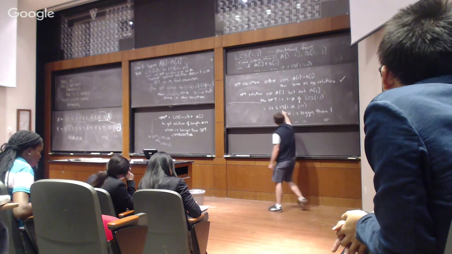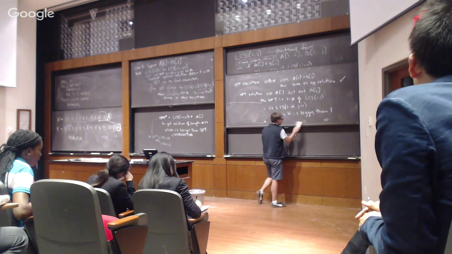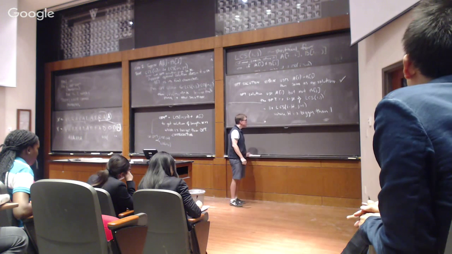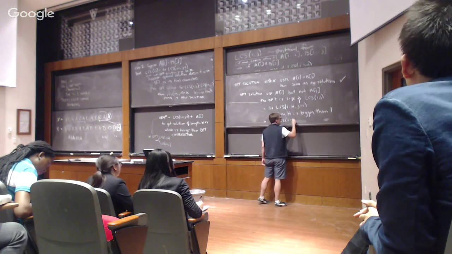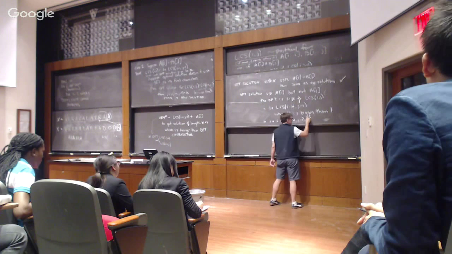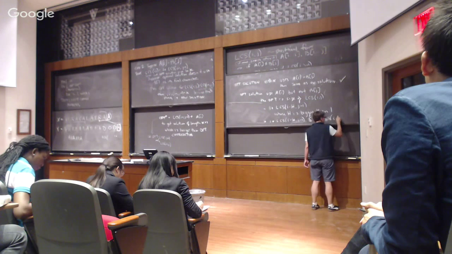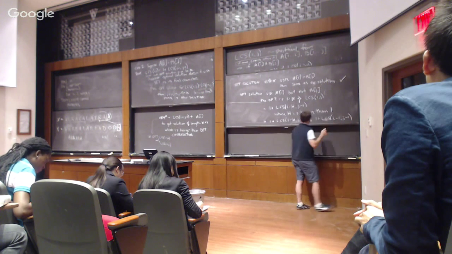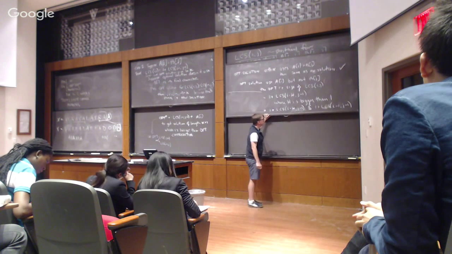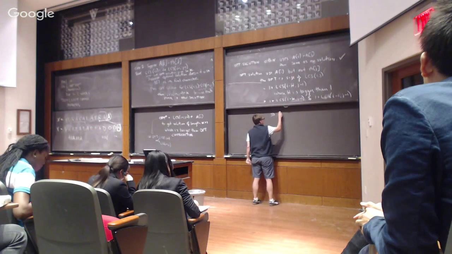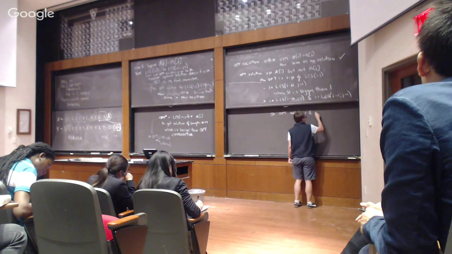And because the longest common substrings are operating on prefixes, if I have a shorter prefix, I can't have a longer substring. So 1 plus LCS of i minus h, comma j minus 1 has to be less than or equal to 1 plus LCS of i minus 1, comma j minus 1, because this is allowing me to use a longer substring than this is. So optimal solution is less than or equal to our solution.